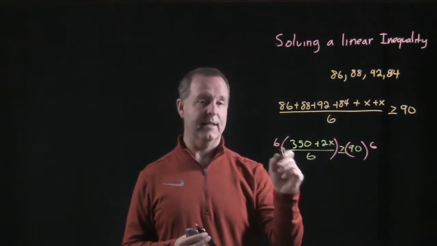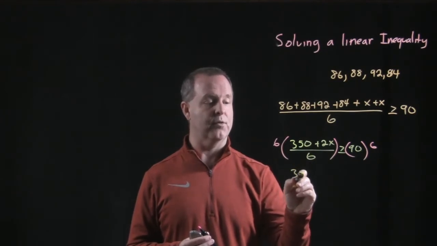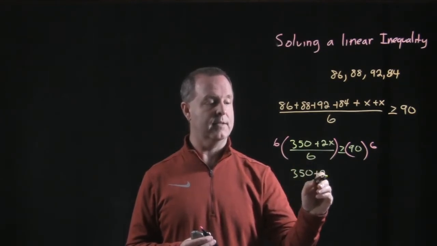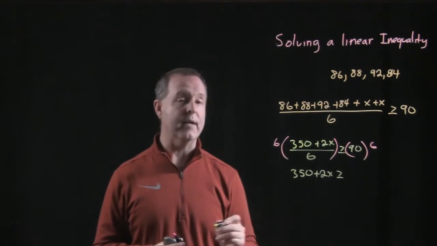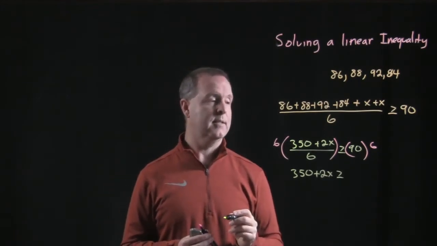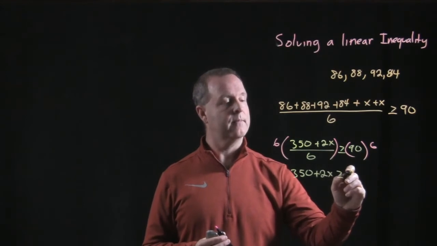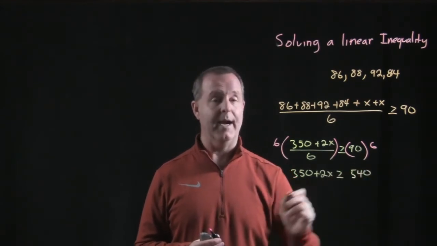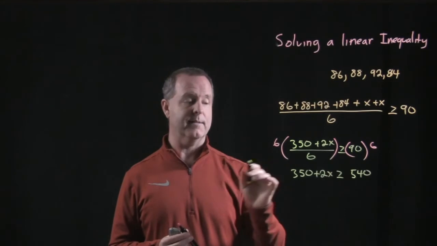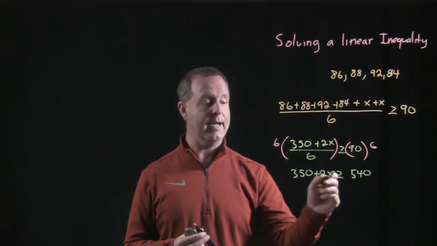On the left side, the 6's factor out, so I'm left with just 350 plus 2x is greater than or equal to 90 times 6, which is 540. If that's correct, 540, we're going to subtract 350 from both sides.